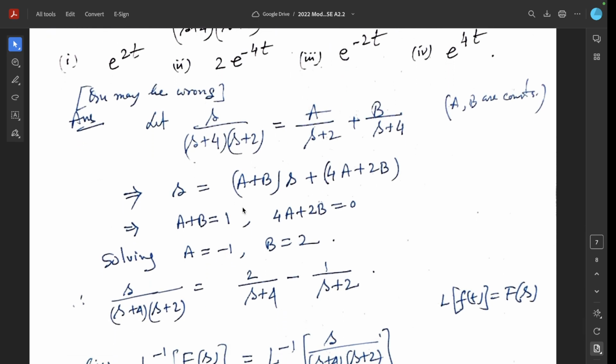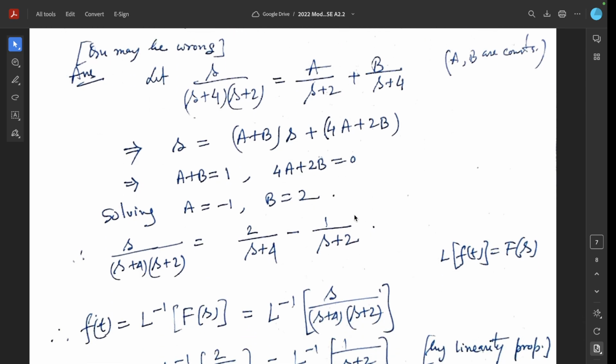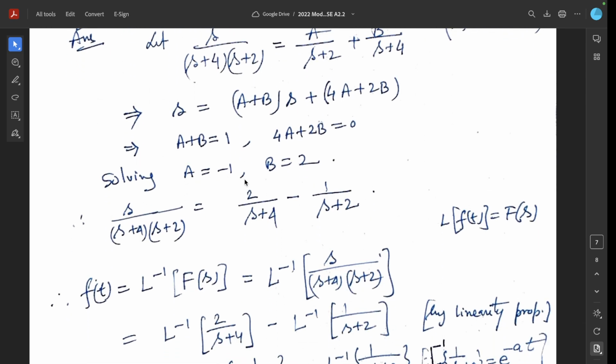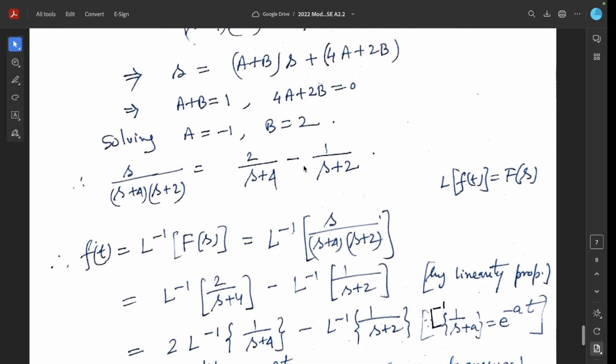Comparing the coefficient of s, A plus B equal to 1, and the constant terms give 4A plus 2B equal to 0. Solving this, we get A equal to minus 1 and B equal to 2. So s by (s plus 4)(s plus 2) equal to 2 by (s plus 4) minus 1 by (s plus 2).